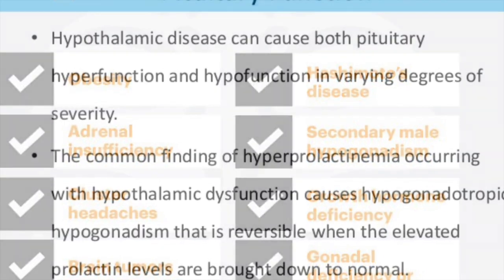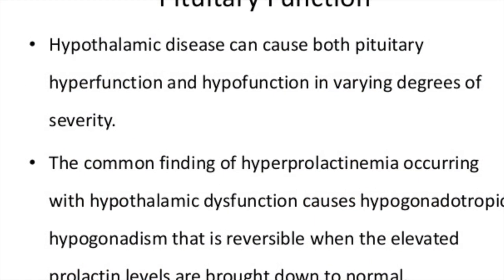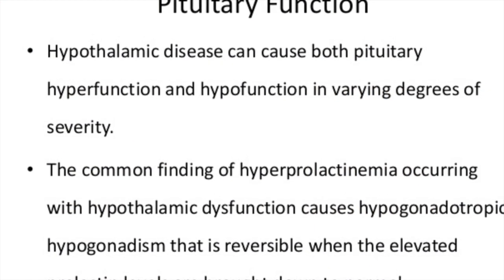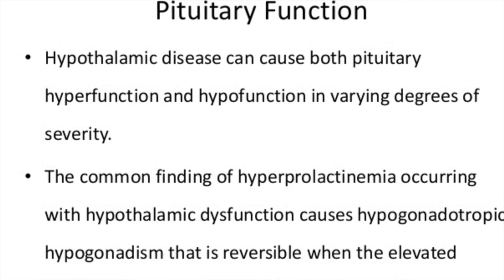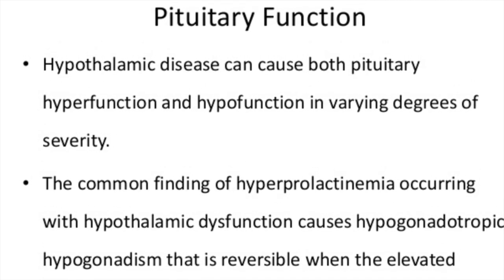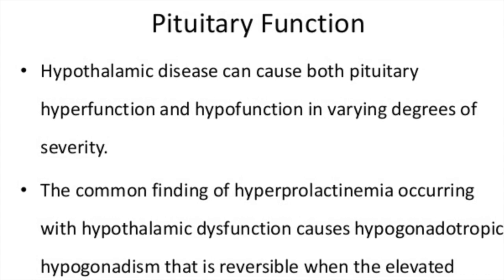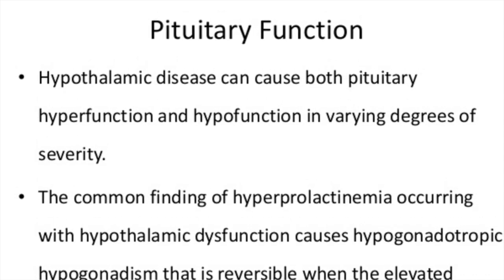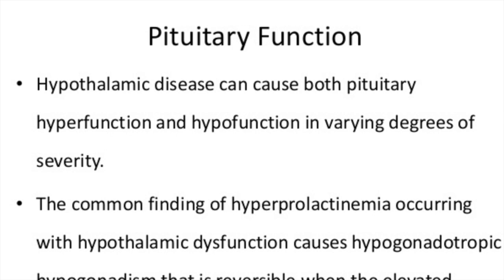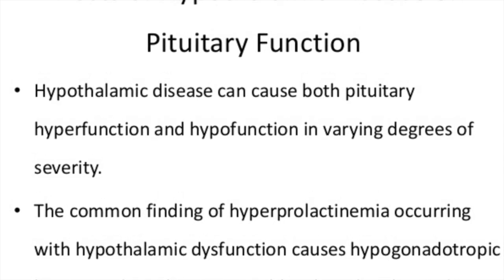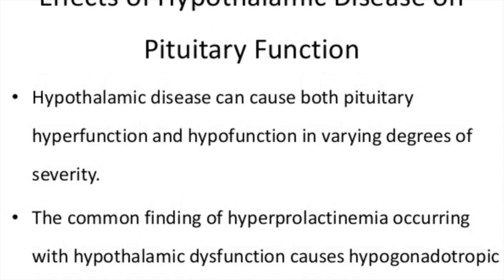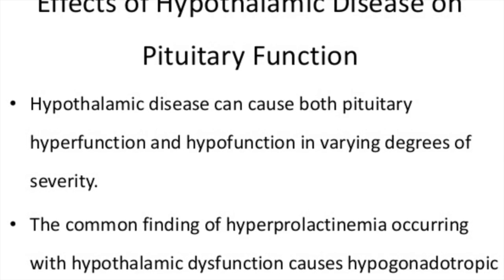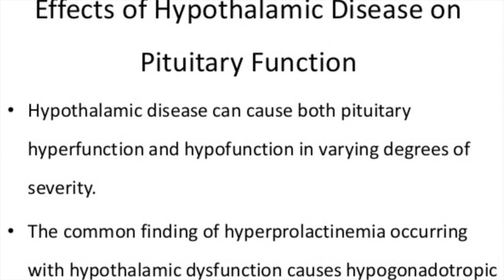GnRH stimulates the anterior pituitary to release follicle stimulating hormone, also known as FSH, and luteinizing hormone, LH, which work together to ensure normal functioning of the ovaries and testes. Growth hormone releasing hormone, GHRH, is a peptide.